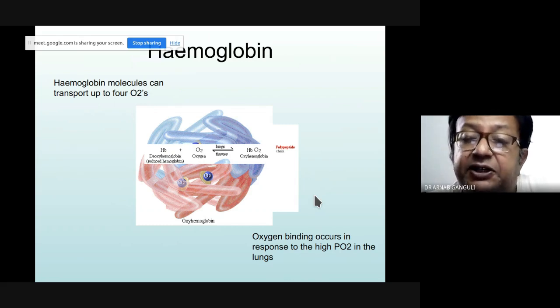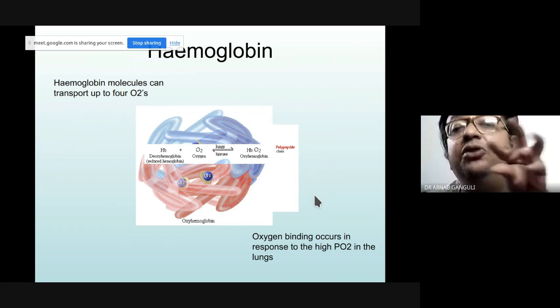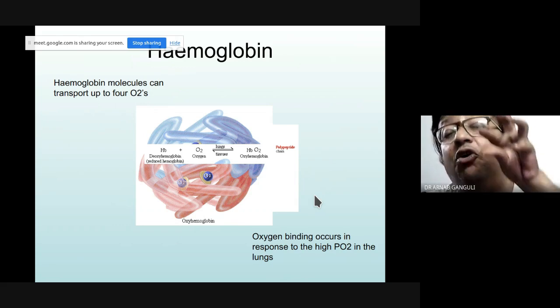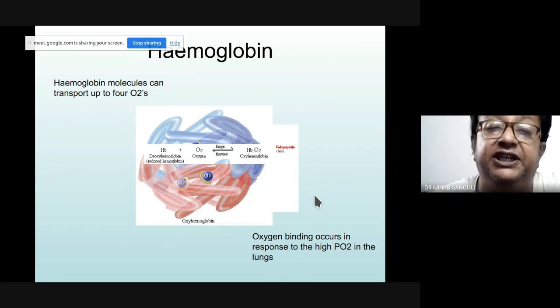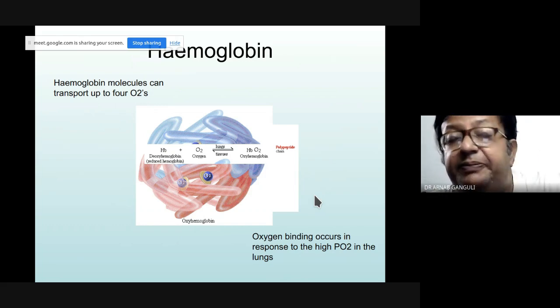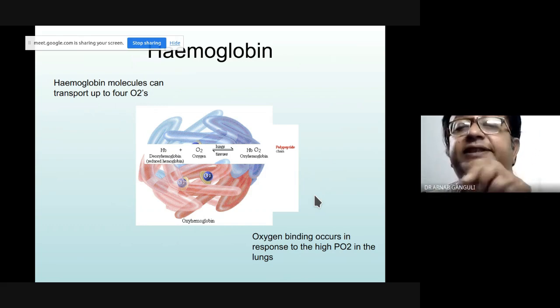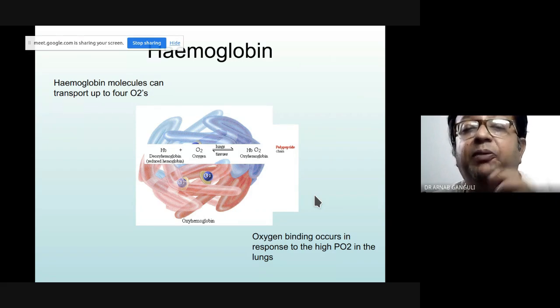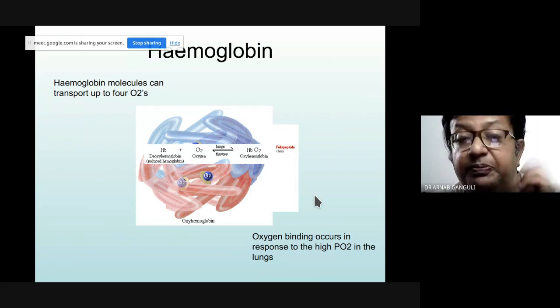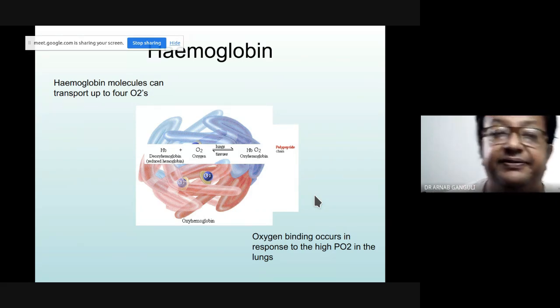So partial pressure of oxygen is only the amount of pressure contributed by the oxygen, not the carbon dioxide. Therefore, it's partial. Partial pressure of CO2 is the pressure only by CO2. If it is 1 bar pressure, maybe 0.5 is given by oxygen, 0.1 is given by CO2. So partial pressure of oxygen is 0.5.